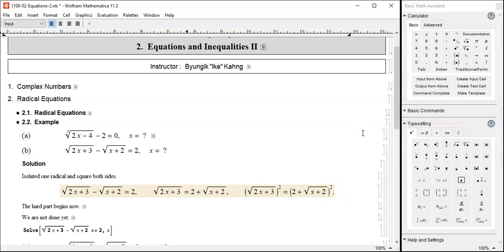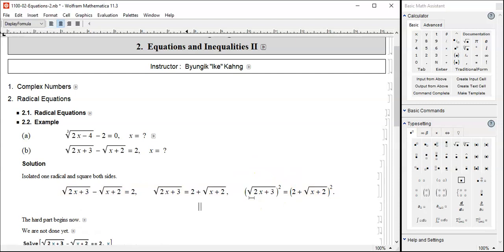Now, if I square both sides, the left-hand side square and square root will cancel each other out. I'm going to get 2x plus 3. What do you have in the right-hand side? Square, and then square. Is that it?